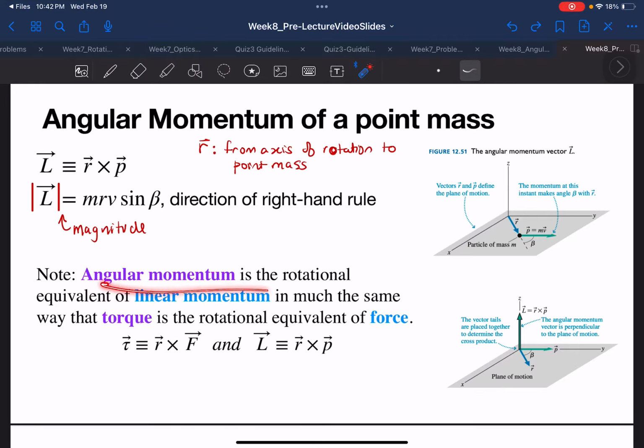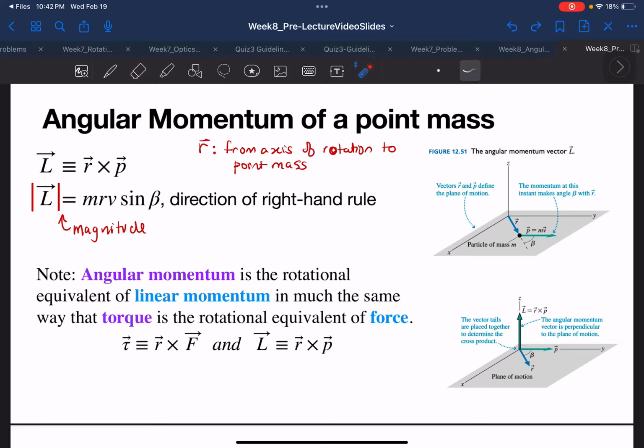That's basically angular momentum. So angular momentum is a vector. It has a direction associated with it, and it's defined as a cross product, r cross p. For a point mass, r just points from the axis of rotation to where the point mass is.